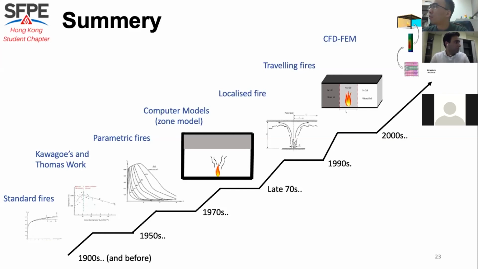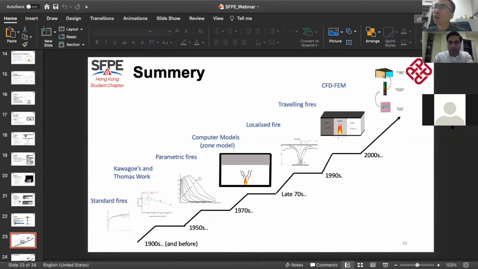If any audience members have questions, you can leave them in the chat room so I can pass them to Atif. I think it's a really good review, from early empirical work to the more scientific-based study of Kawagoe, then to computational simulation, and more recent coupling between CFD and finite element.